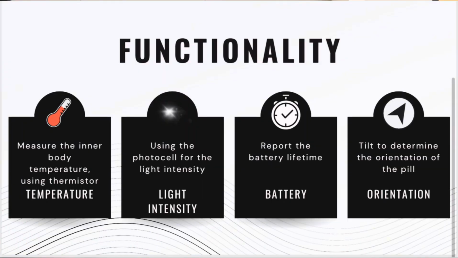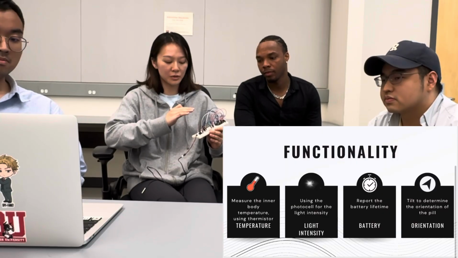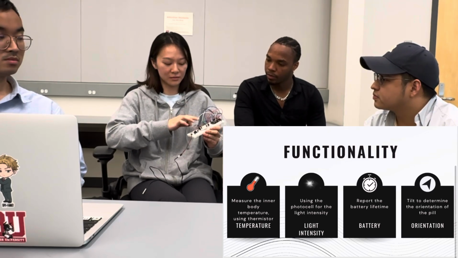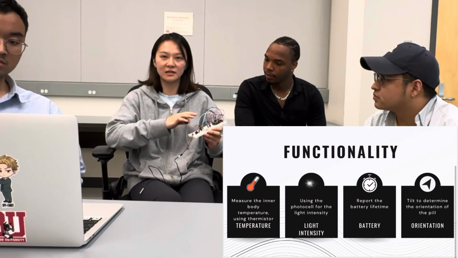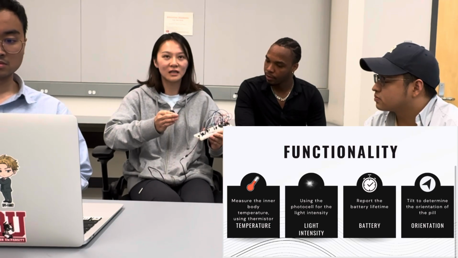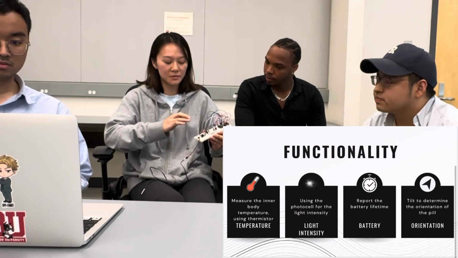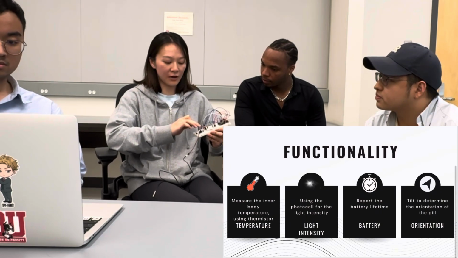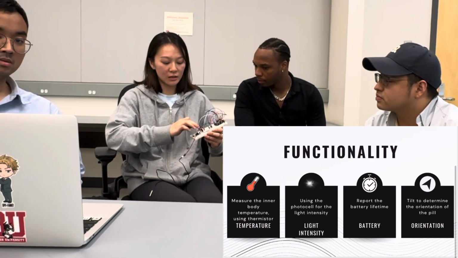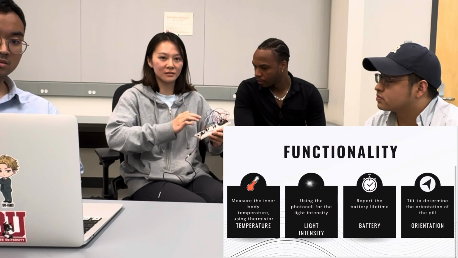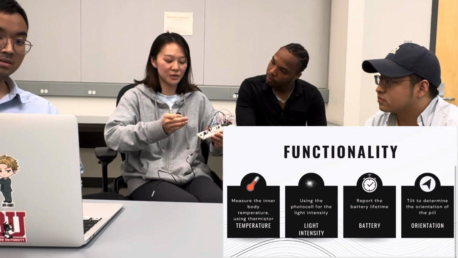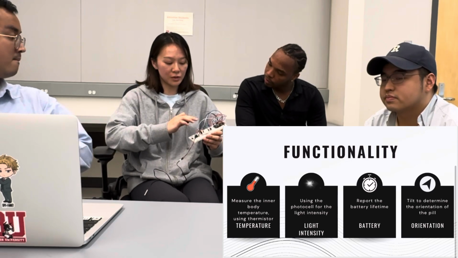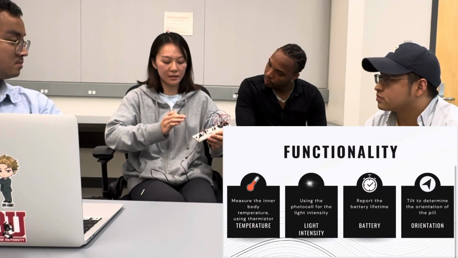How it works is, when we connect it to our programs, the green light will turn on, which means it's ready to swallow. When we cover the photocell, which means the environment becomes dark, the blue LED will blink every 2 seconds.